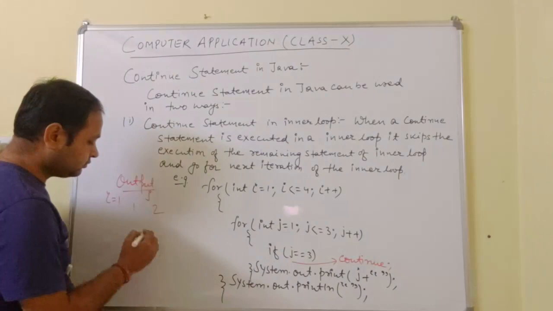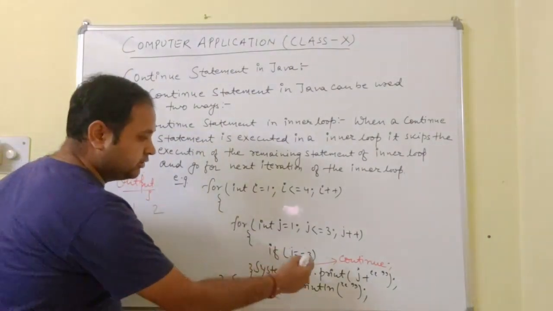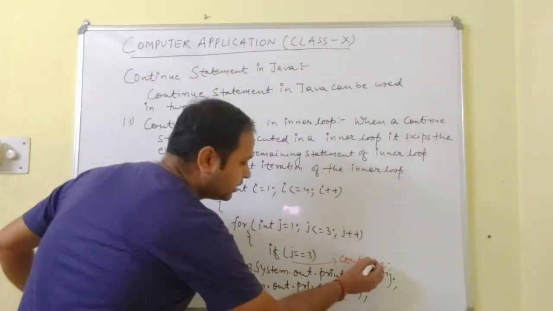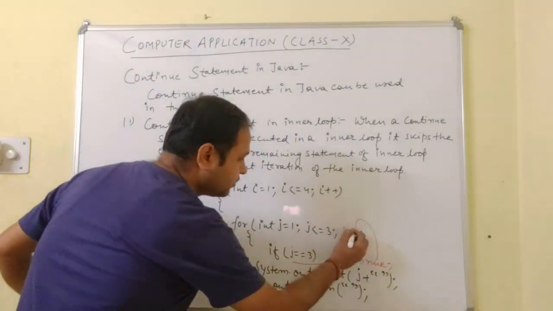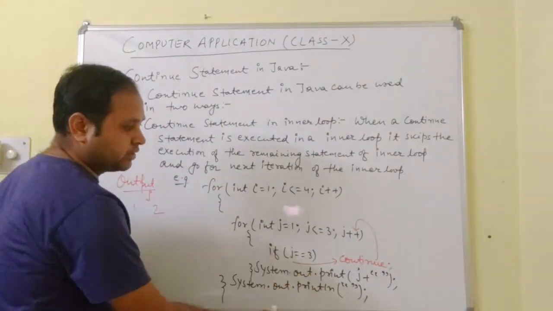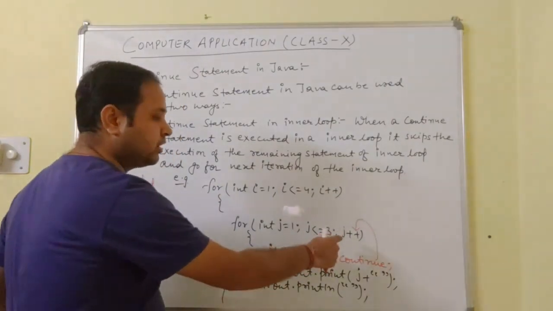Thereafter, when j equals 3, the continue statement is executed and it goes for the further iteration. From the continue statement it directly goes to the update, skipping the remaining part of the program. So j++ executes, and the j value becomes 4.